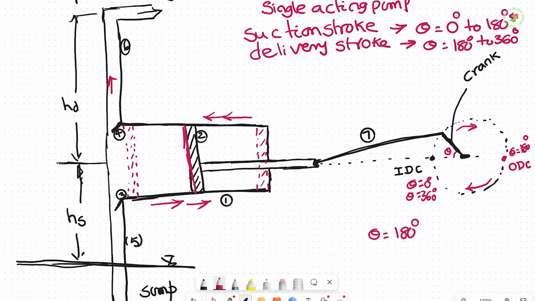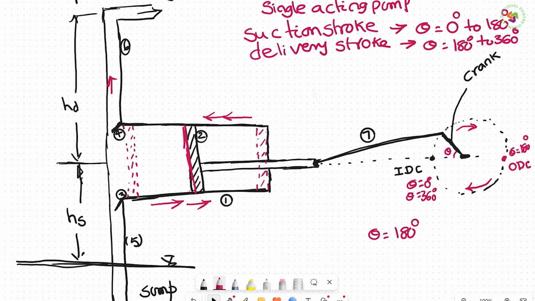Again for the next 360 degrees, again suction, again delivery. So this process continues, and thereby there will be continuous delivery of liquid. This is how a reciprocating pump works.